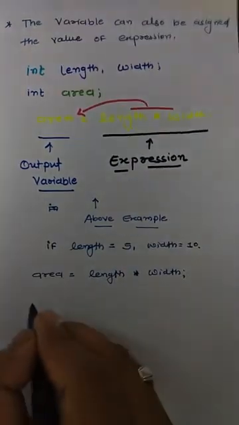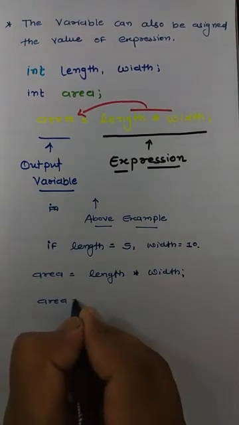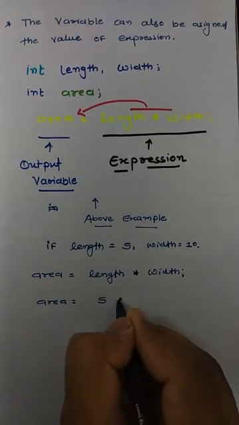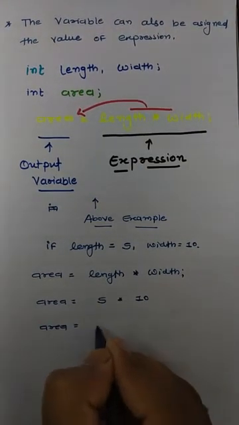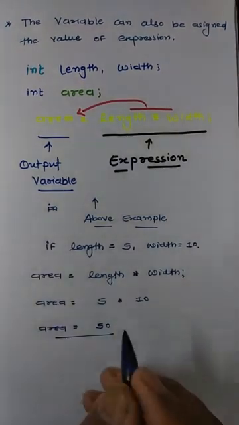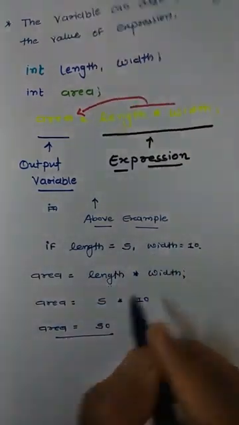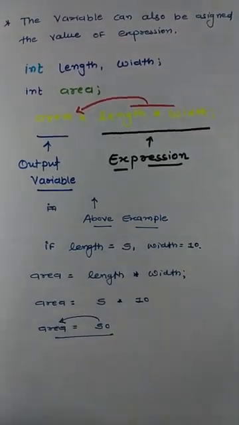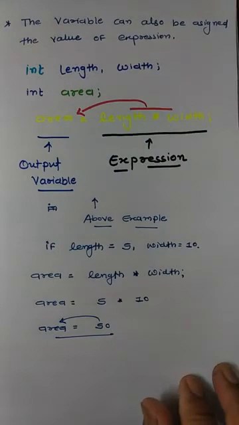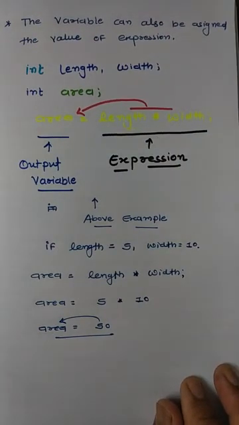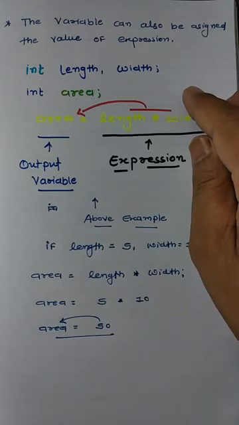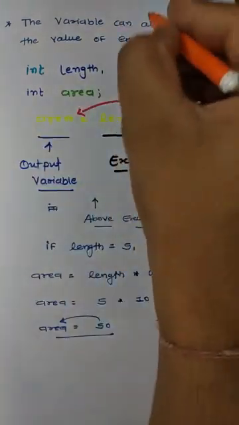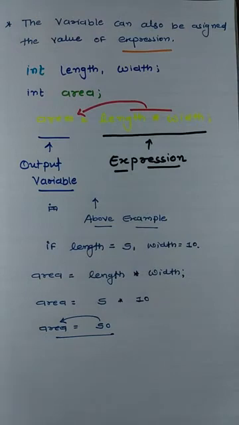So area is equal to 5 multiply by 10, then area is equal to 50. So the value of this expression is finally stored into the particular variable. So this statement says that the variable can also be assigned the value of an expression. So it's called an expression.